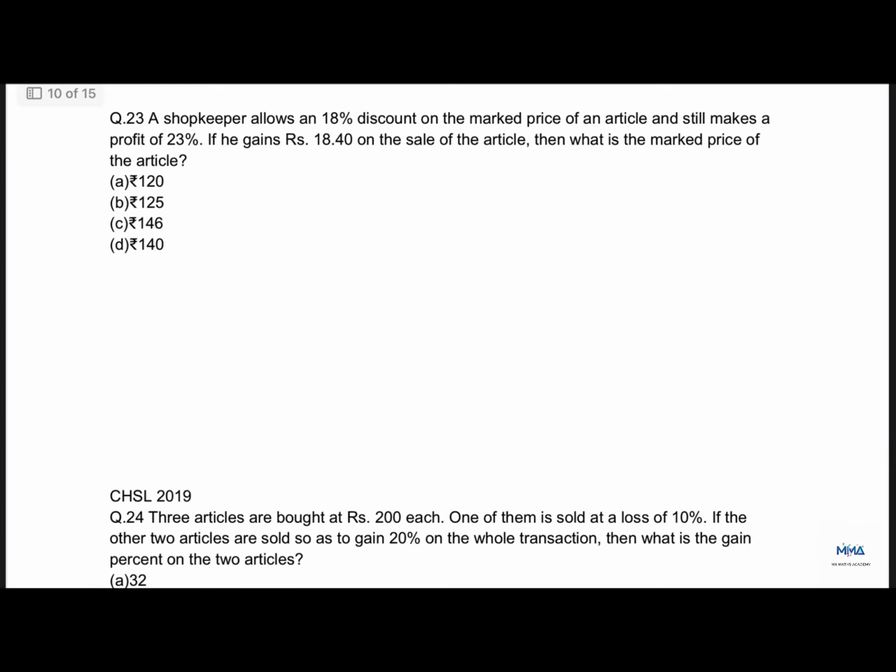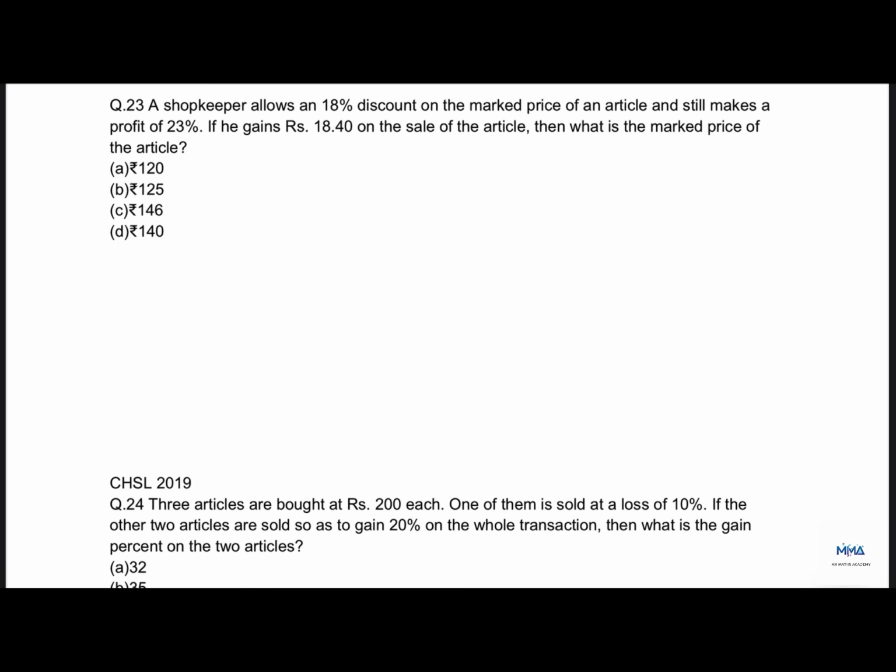A shopkeeper allows 18% discount on the market price of an article and still makes a profit of 23%. If he gains 18.4 on the sale of the article, then what is the market price of the article? So here, since he's making a profit of 23%, 100 is the CP and this is the SP, and we know there is 18% discount.